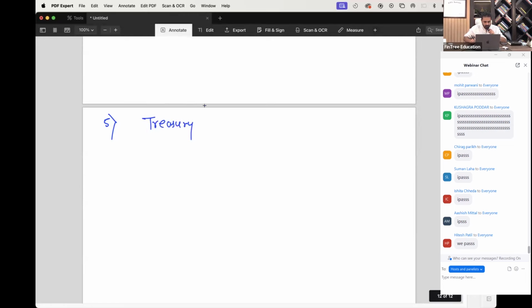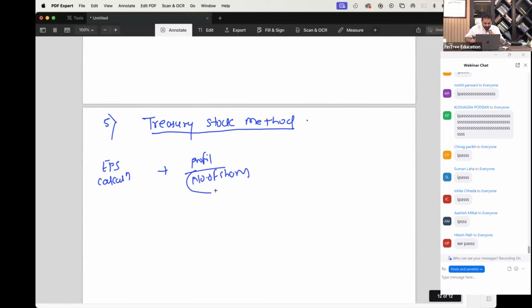Section number 5 is on treasury stock method. Now, what is this about? This is about EPS calculations. So remember from your level 1, EPS is calculated as profit divided by number of shares. Now these EPS that we calculate, we can have two types of EPS.